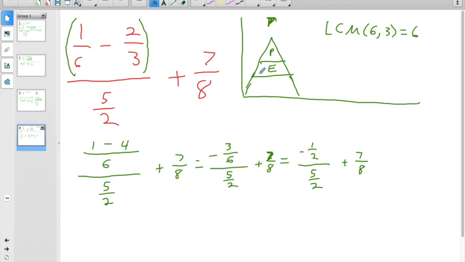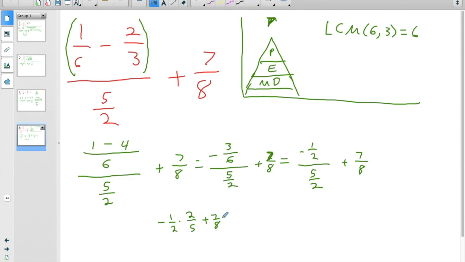We've done all the parentheses, we had no exponents, so now we're at multiplication and division from left to right. So here's a division situation. So how does that work? Well, we have negative 1/2 times 2/5 plus 7/8.